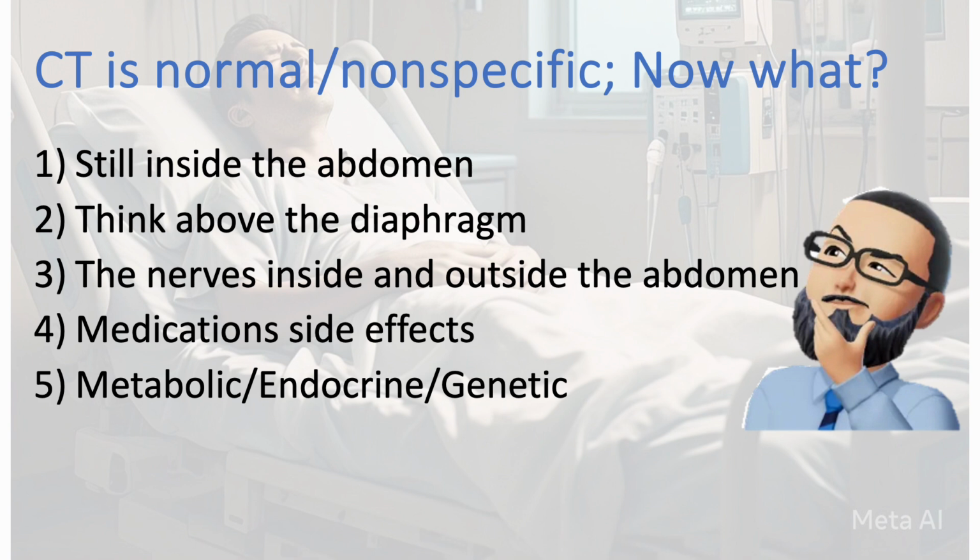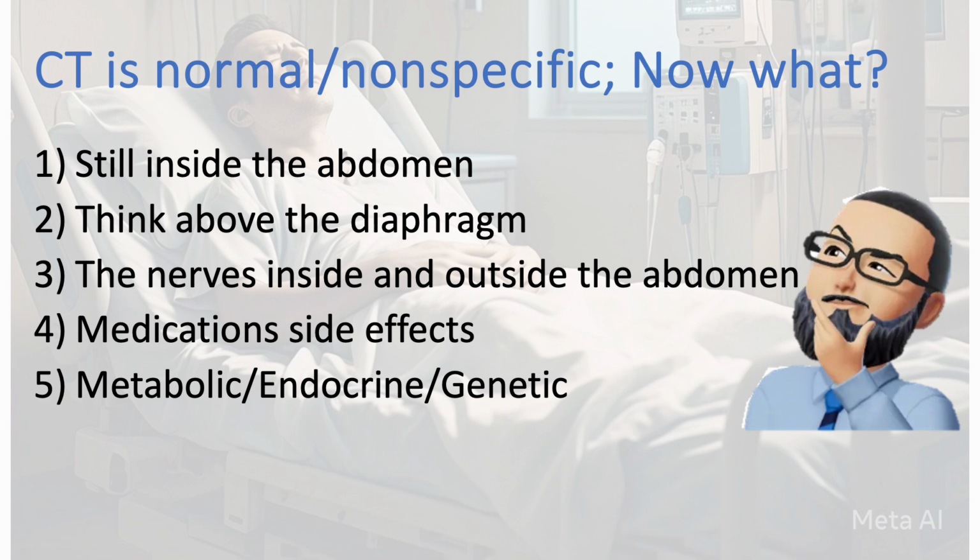Less common but also relatively important causes are metabolic causes, endocrine causes, or some with genetic possibilities. These are very important not to miss, especially if the patient is coming in with recurrent abdominal pain without a clear cause.